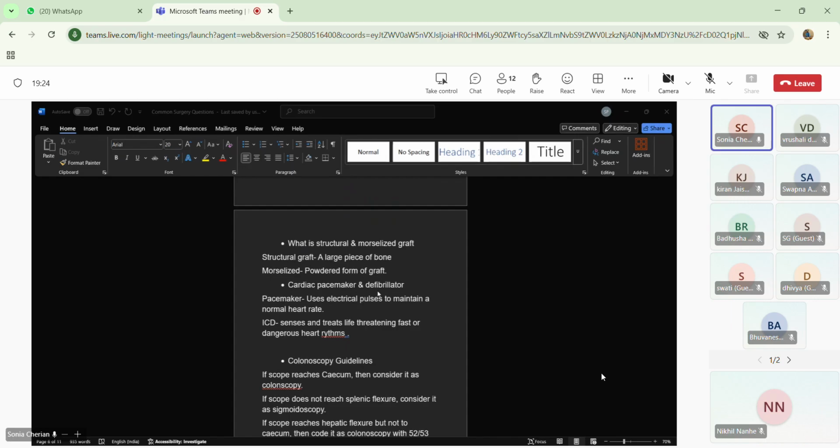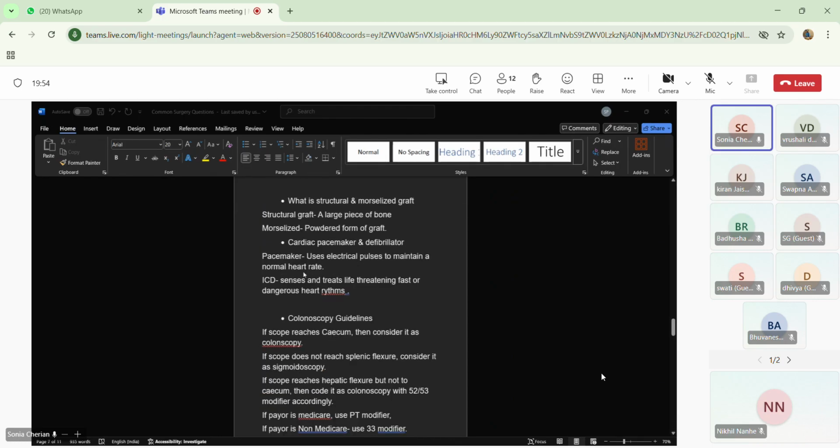But for tachycardia patients, who have fast arrhythmias, life-threatening tachycardias, they insert an ICD, which is nothing but an implantable cardioverter defibrillator. So if they ask what is the difference, you can say a pacemaker is inserted for patients who have a slow heart rate or bradycardia, and a defibrillator is placed in patients who have a high heart rate or tachycardia.